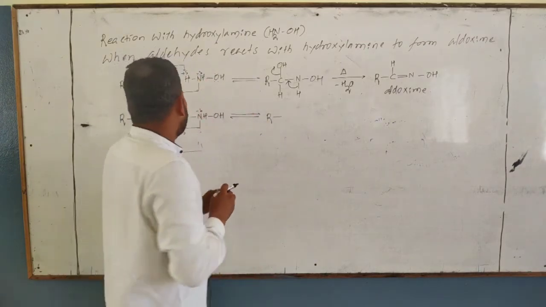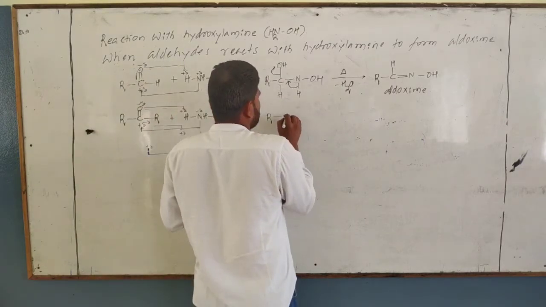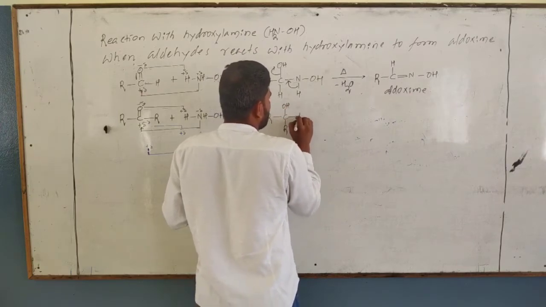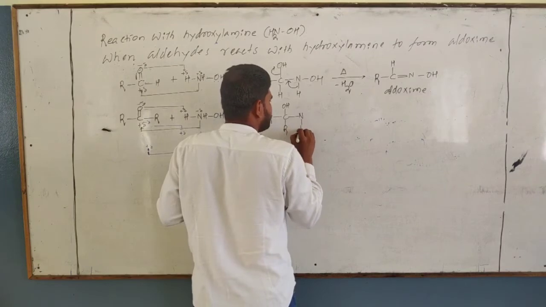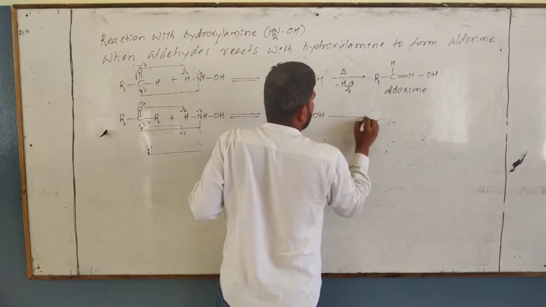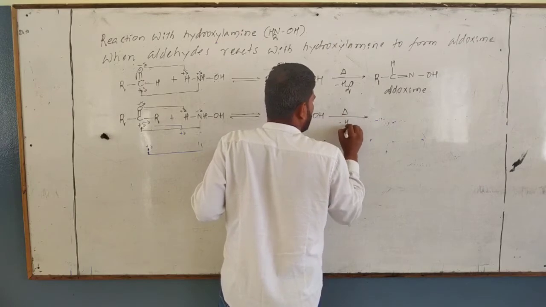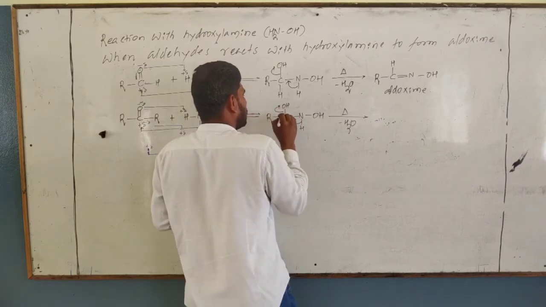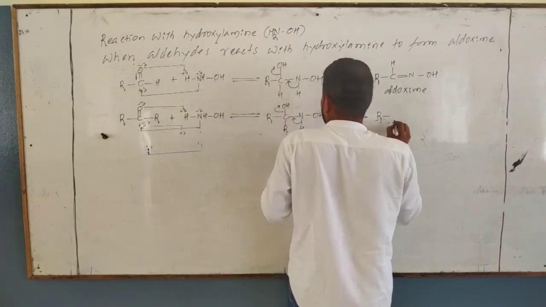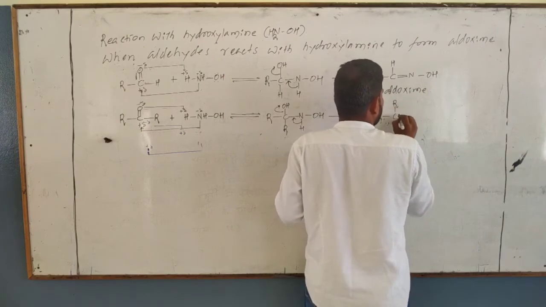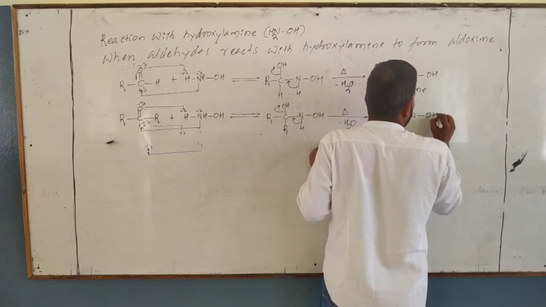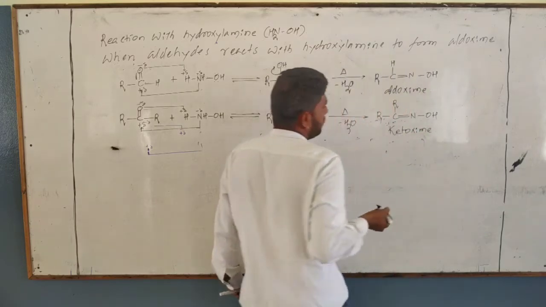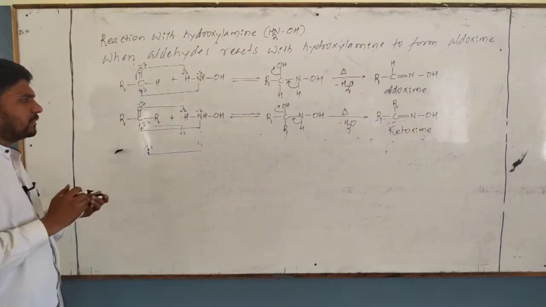What is the final product? That is very important in these reactions. Over here it becomes OH, NH, OH, which removes H2O on heating. It eliminates a water molecule to give double bond N OH. What is this? Ketoxime. What is this? Ketoxime. Okay.